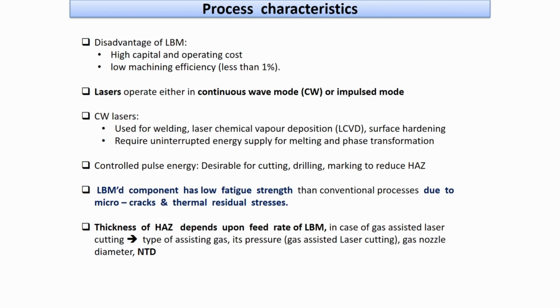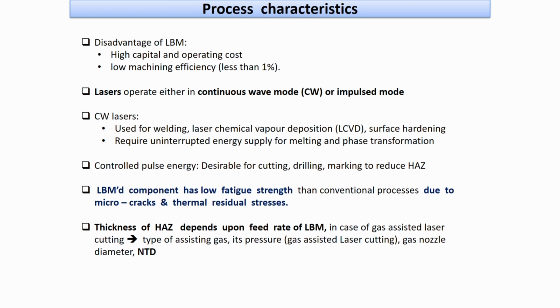Process characteristics we shall discuss now. What are the process characteristics of laser beam machining? What are the disadvantages of laser beam machining? The high capital cost of this system, and also high operating cost.